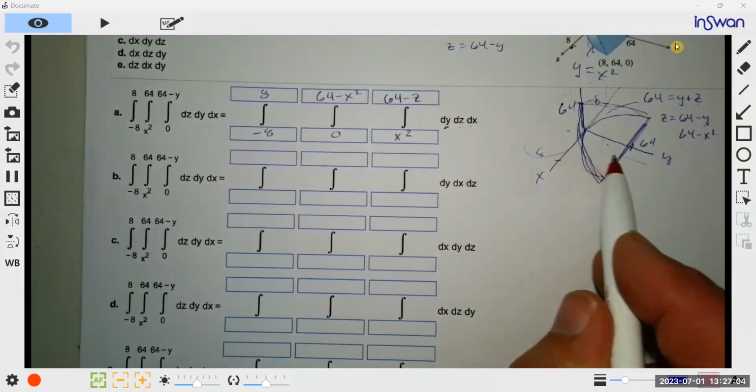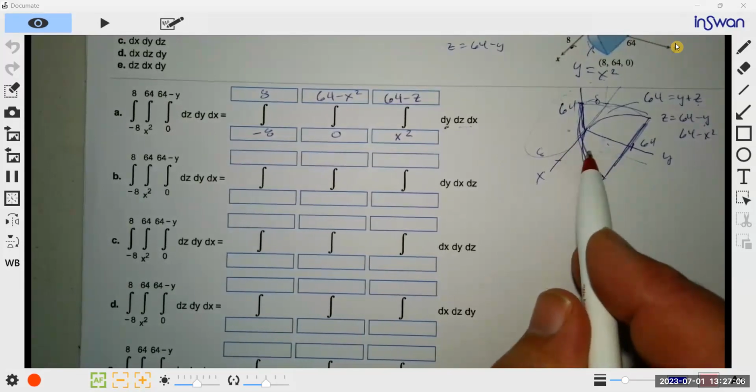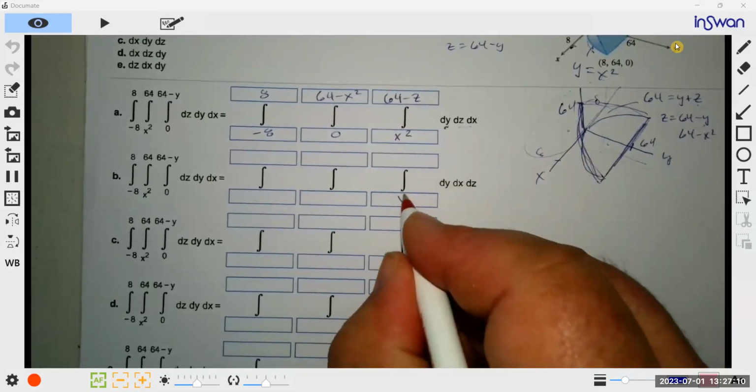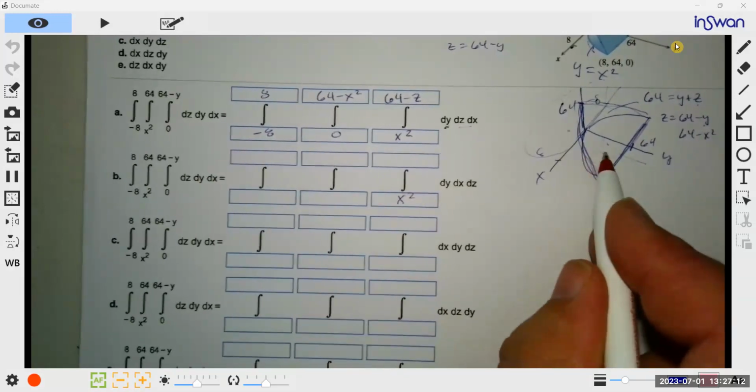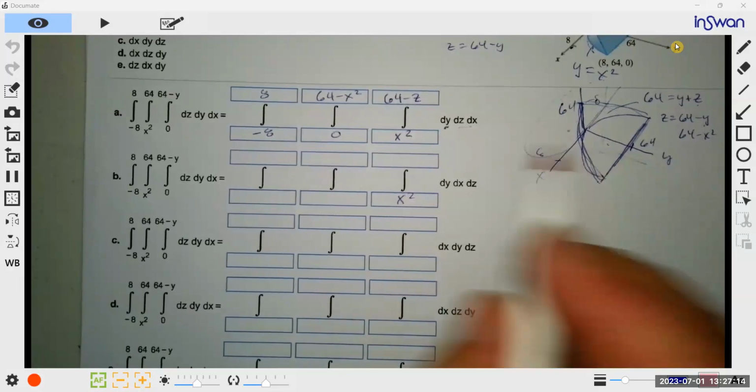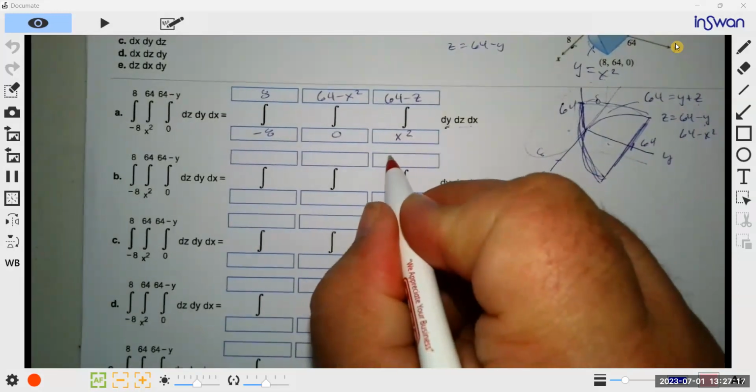Perpendicular to it, parallel to the y-axis. It touches the curve first, which is at x squared, and exits the curve somewhere here, which is 64 minus z.